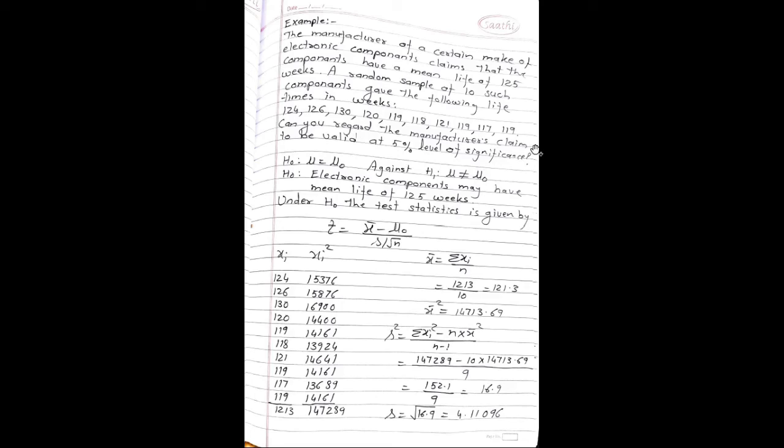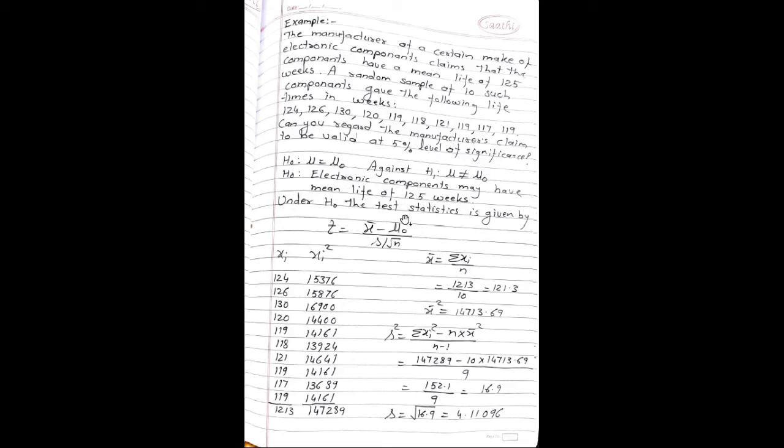So this is the problem based on t-test, testing population mean equal to specified value. So H0 in notation is given as mu is equal to mu naught against H1 mu not equal to mu naught. So H0 in words can be considered as electronic components may have mean life of 125 weeks.